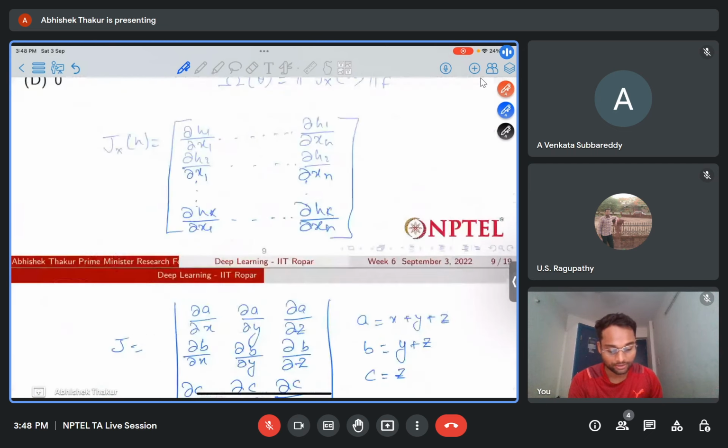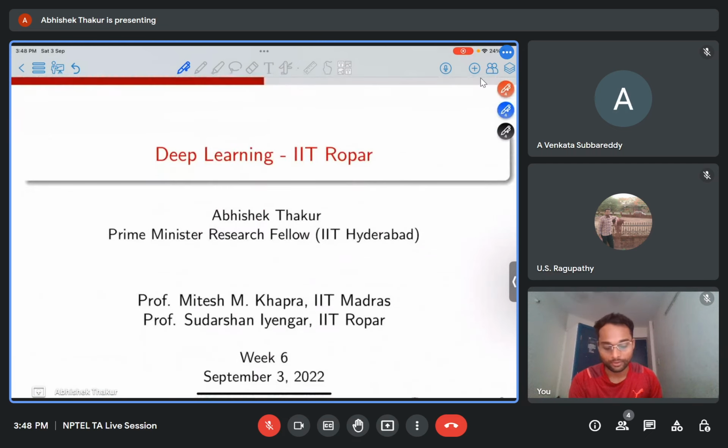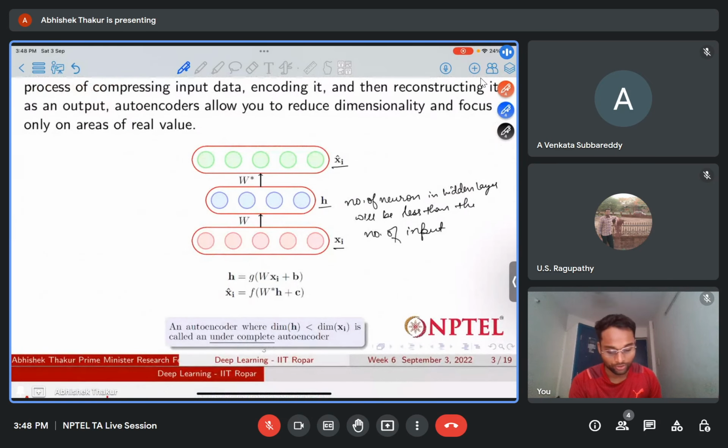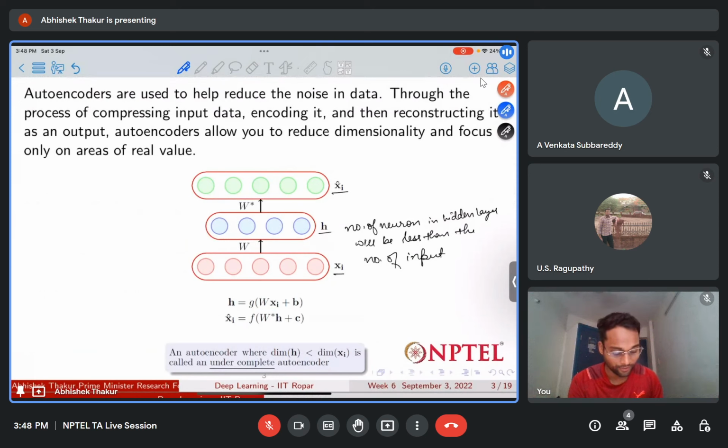So for today, I guess we are done. We have seen the undercomplete autoencoders. In this, the dimension of h is less than x, and autoencoders allow us to reduce the dimensionality, and they also help in reducing the noise.